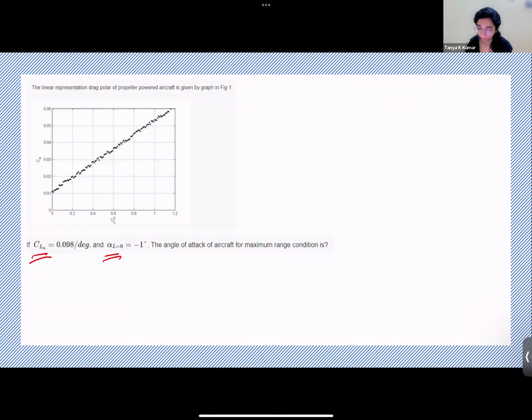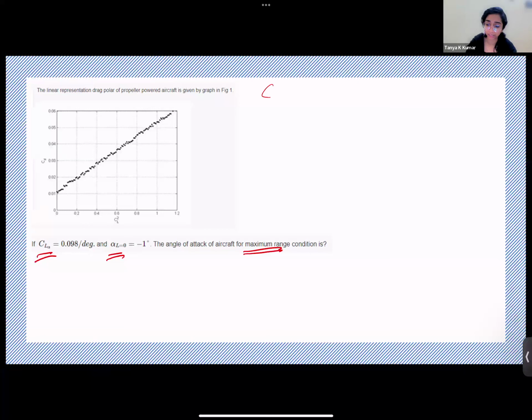For maximum range condition, remember that it's a propeller powered aircraft. So what is the CL for maximum range for a propeller driven aircraft? Start there and try solving it.